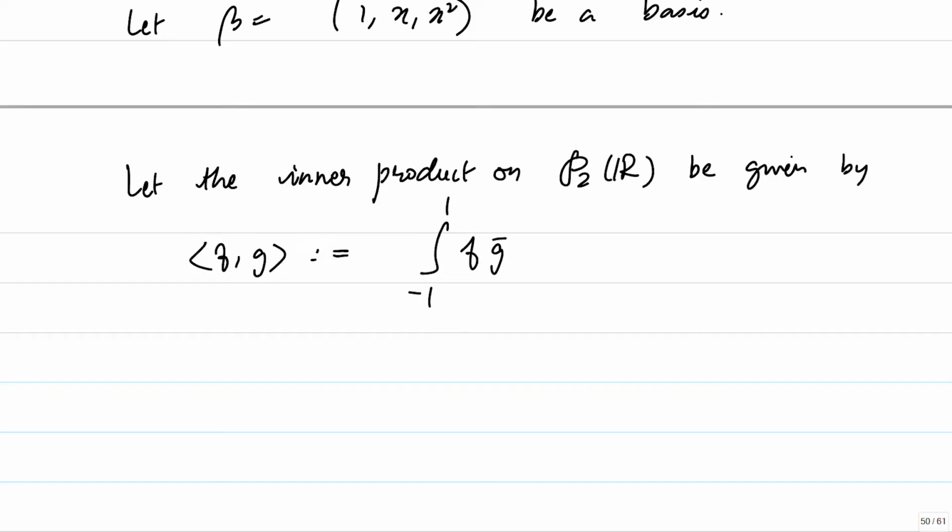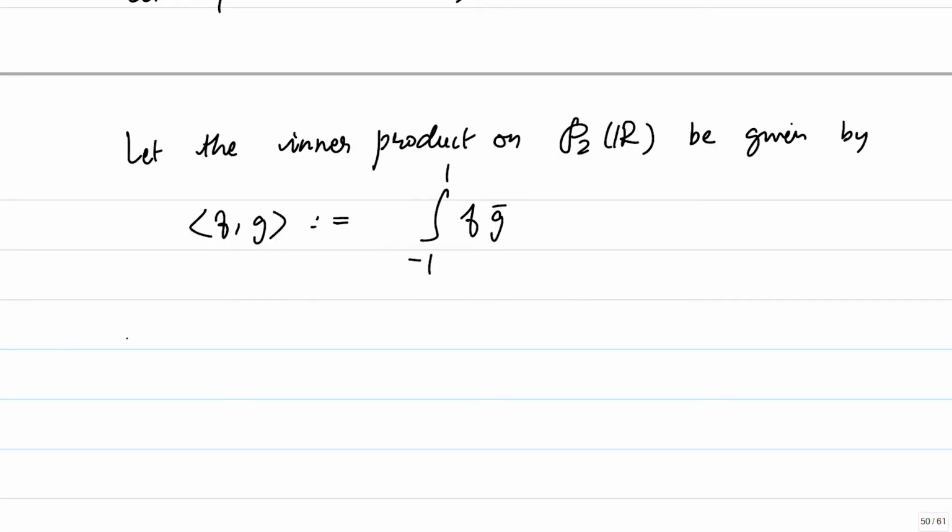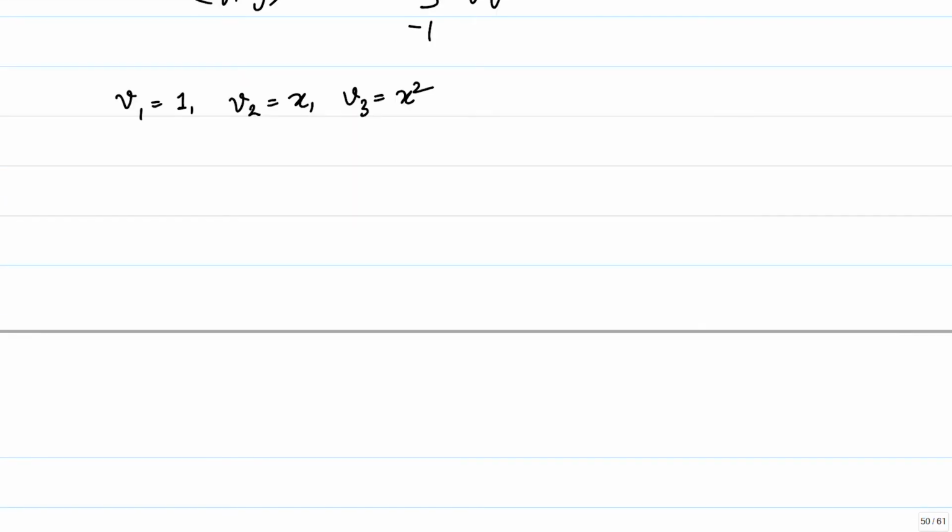Alright, so let's see what happens to our orthonormalization here. So recall that V1 is equal to 1, V2 is equal to x, and V3 is equal to x square. Let's see what happens to Gram-Schmidt orthonormalization here.